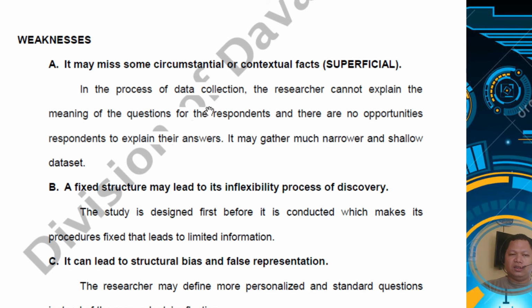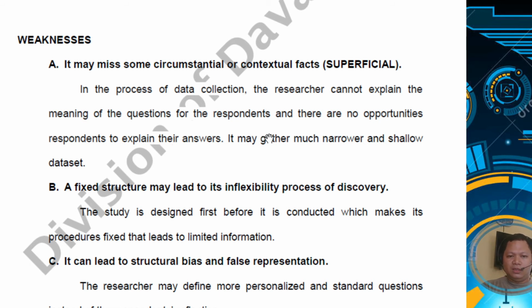You just need to select on the Likert scale 5, 4, 3, 2, 1, starting from very low, low, average, etc. By that, the respondents cannot really give their reasons why they chose number 3 or why they chose number 5. So that's also one of the weaknesses. We cannot elaborate more on why they chose this.